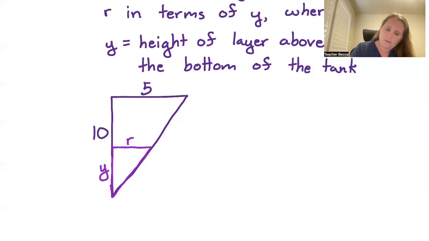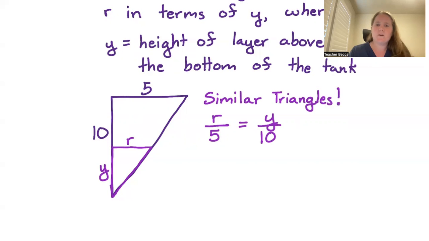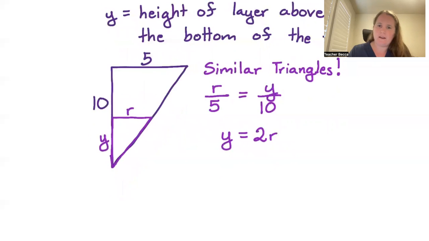So here we have r is to 5 as y is to 10. This is using similar triangles. Or in other words, y is equal to 2 times r, or r is equal to 1/2 of y.